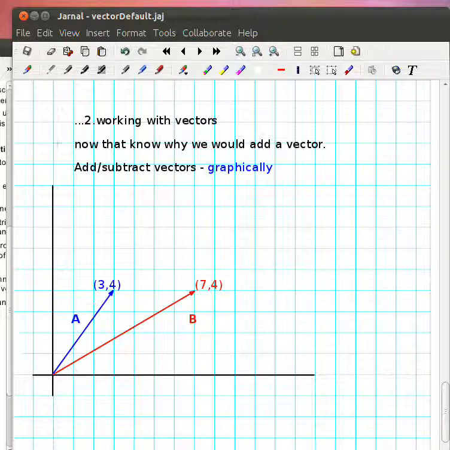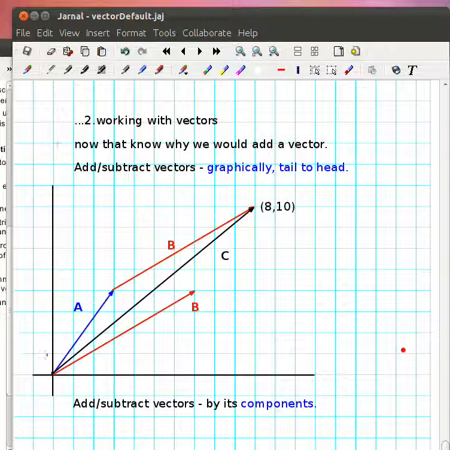vectors. Here we have two vectors, A and B. Vector A is at 3 and 4, and vector B is at 7 and 4, on the x and y axes, right? So to add two vectors, all we do is take the second vector and put it on top of the first vector, without rotating it or shortening it or anything, just plop it right on top like that.